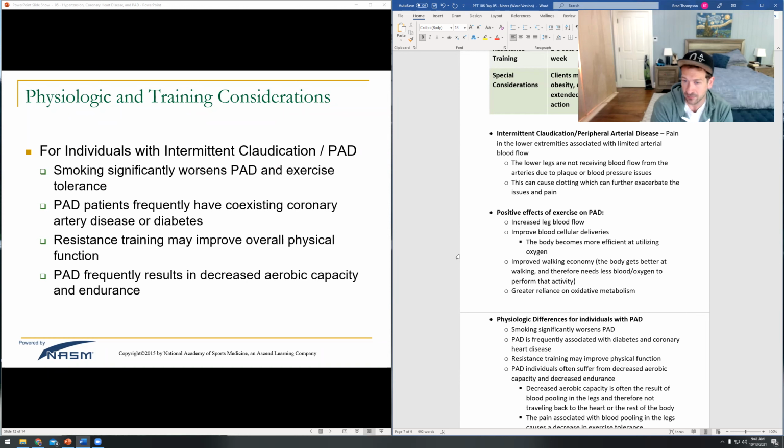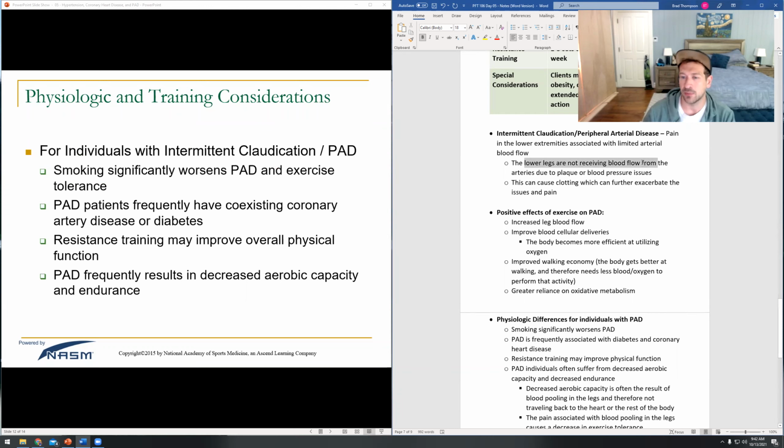So basically, you have limited blood flow to the legs, and in the same way that we had a heart attack because we didn't get enough oxygen, the muscles in your legs start to hurt because they can't function the way they're supposed to. Your leg muscles are suffocating, right?